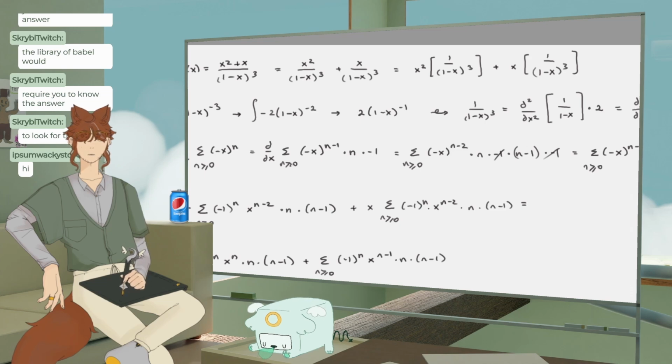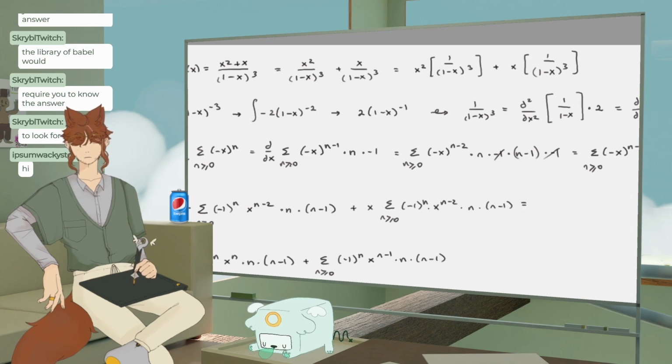Oh, it's not going to let me. I might not like it if I try and do an integral. Can I just do a regular integral, please?